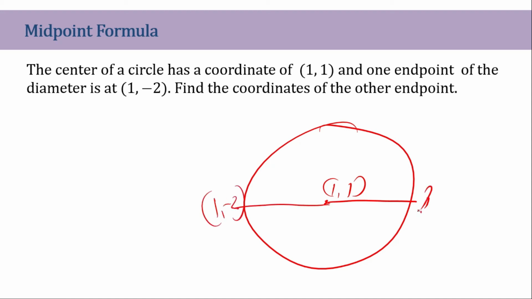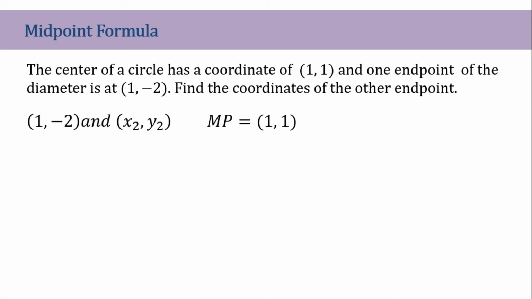We need to find another endpoint. So let's just use the midpoint formula to answer this. Same process. Let's assign the other endpoint as a variable and the first endpoint to be 1 comma negative 2. So the midpoint of these 2 points is 1 comma 1.